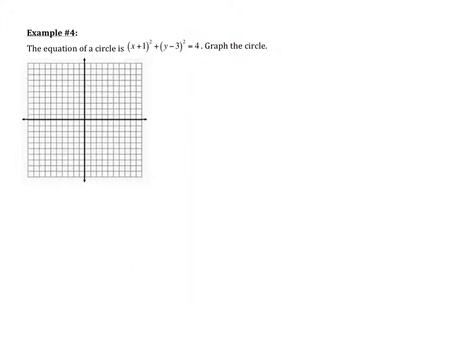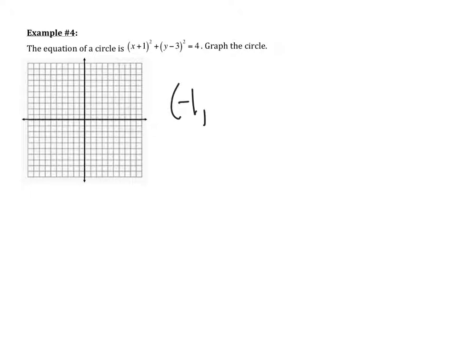Now let's look at an example of how to graph a circle. So here's example number 4. The equation of a circle is (x + 1) squared plus (y - 3) squared equals 4. Graph the circle. Much like how you have to have the center and the radius to find the equation of the circle, you need the center and the radius to graph the circle. So looking back at our equation, we have x plus 1 squared, so that meant that our h value is actually negative 1, it'd be the opposite.